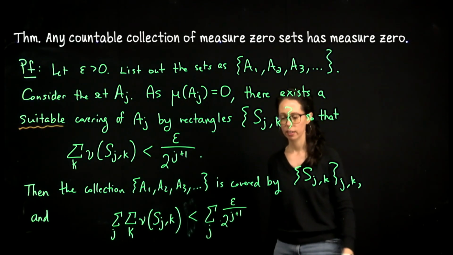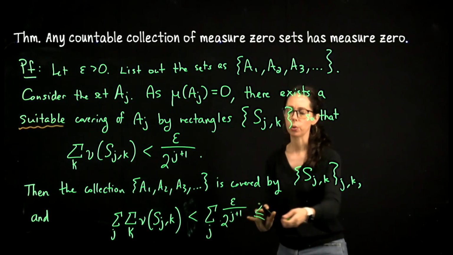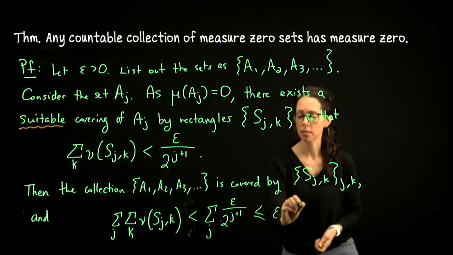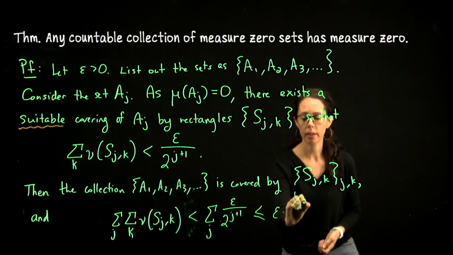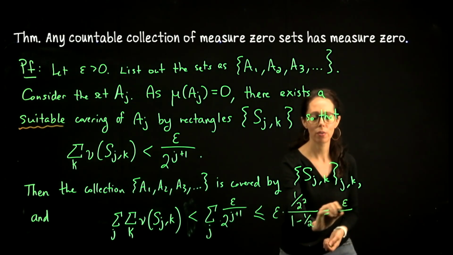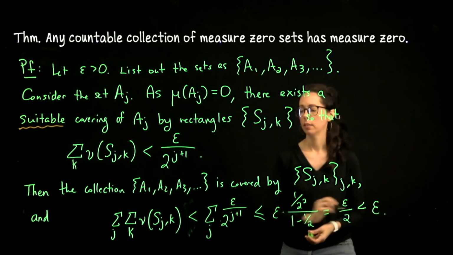And then that's going to be, all right, less than or equal to, same idea as before, epsilon times 1 over 2 squared. It's actually the exact same computation as before. And this is epsilon over 2, and that's less than epsilon, as desired.